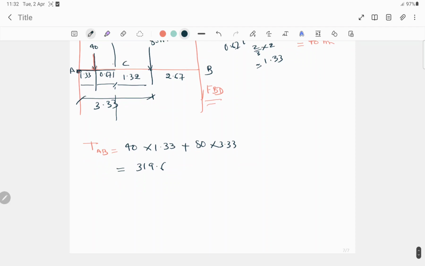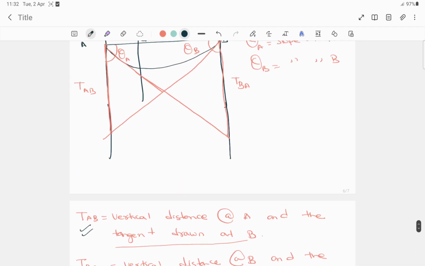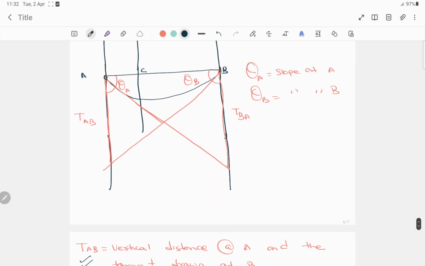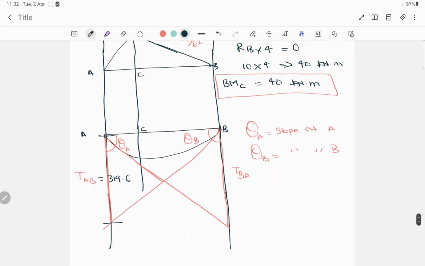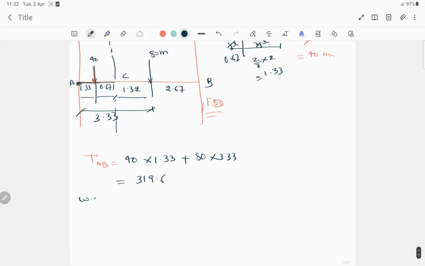Now see, we have a TAB value from here to here, that is 319.6, and the total length is 6 meter. Now we know that tan theta is equal to perpendicular by base, right?